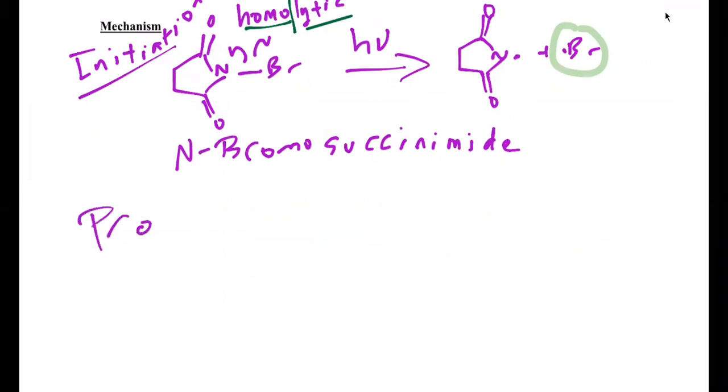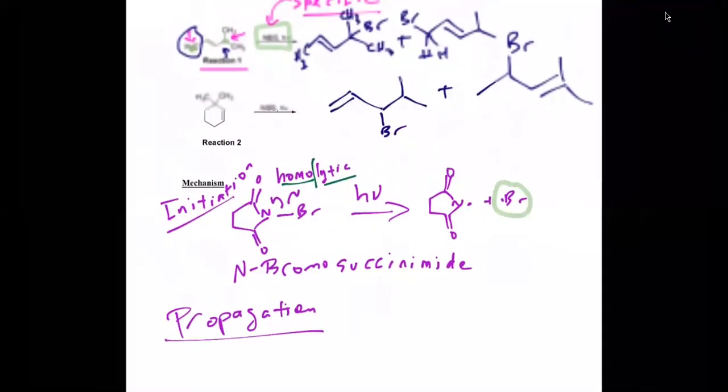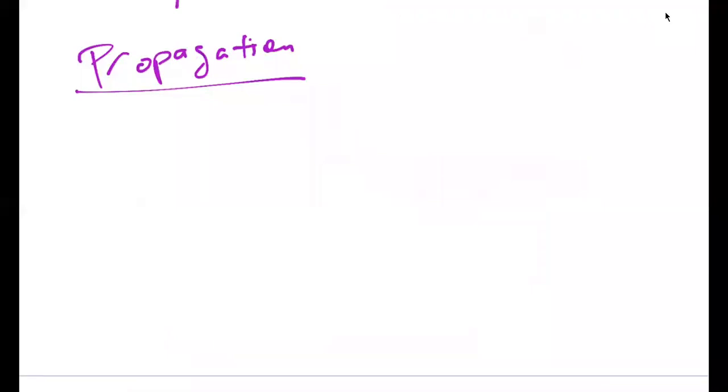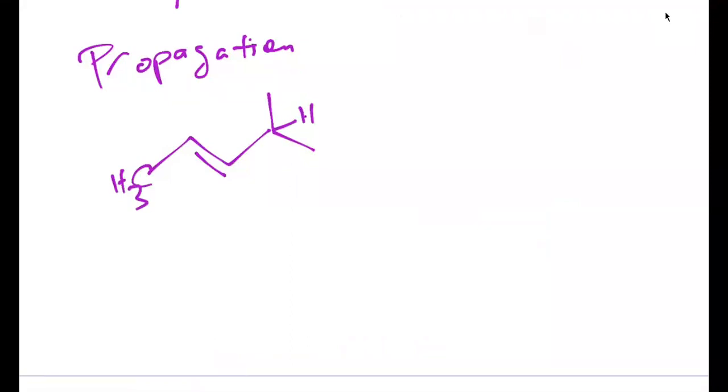So propagation is the next step. Let me go back and make sure I draw the right compound. I'm going to start here, and then put these 2 CH3s back.